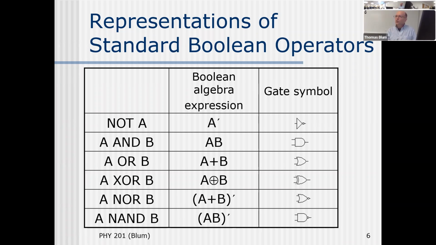When we get close to finishing the course, in week 8, 9, 10, somewhere in there, we're going to learn that physically, it's the other way around. Physically, NAND and NOR are more fundamental. They're the ones that we can make from transistors.